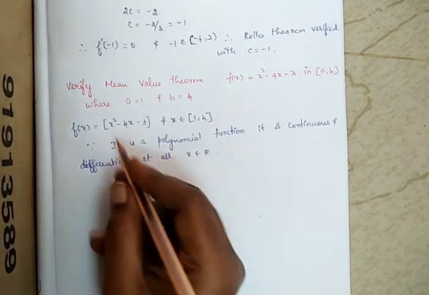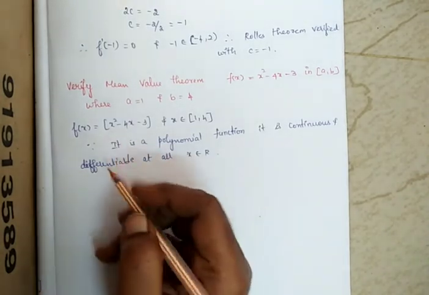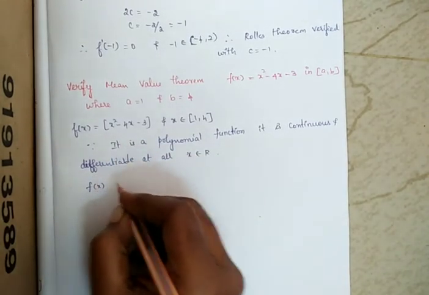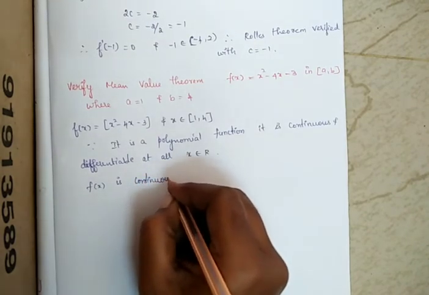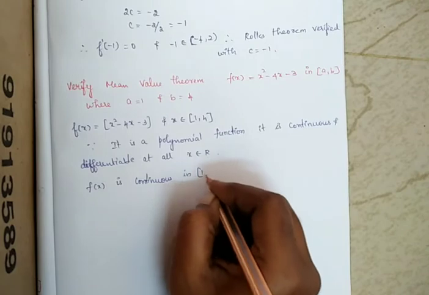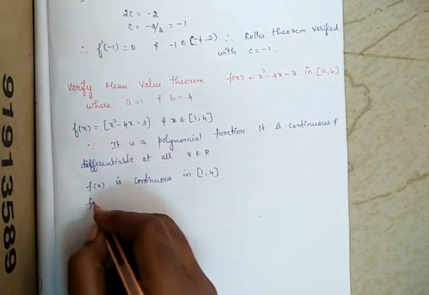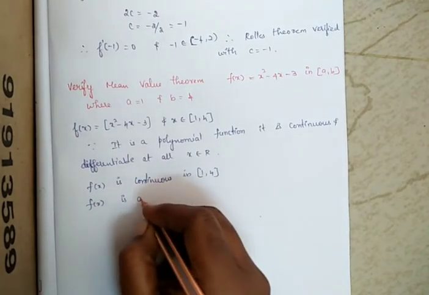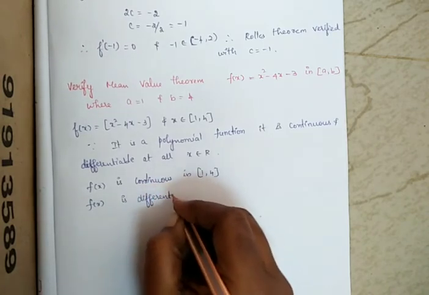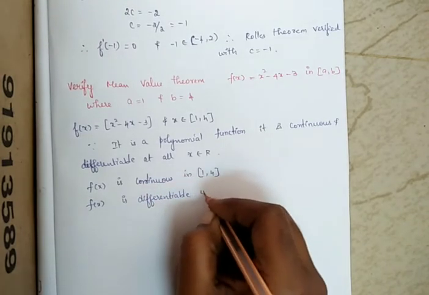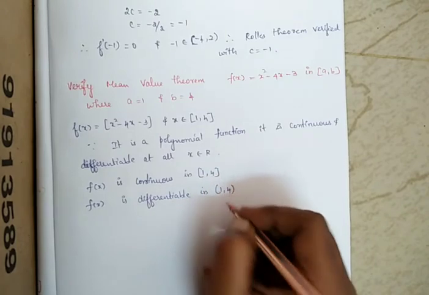Now let us check for our function. So f of x is continuous in closed interval 1 comma 4. F of x is differentiable in open interval 1 comma 4.